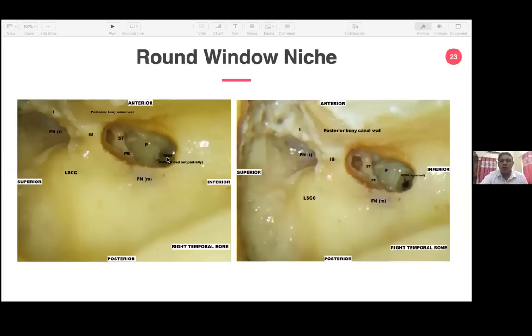That is how you identify whether the round window membrane is fully exposed or not. Number two, the round window membrane will not be round as we think. It will be at an angle, which I will explain. It will be like a Pringle shape and it will be dark.